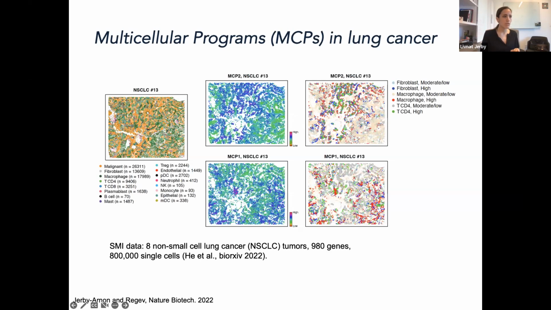And you can see how they are nicely co-localized in the tissue, which means that while if we were to do a standard dimensionality reduction, we would probably assume that these different programs or these different gene modules are independent, but in fact they are not.